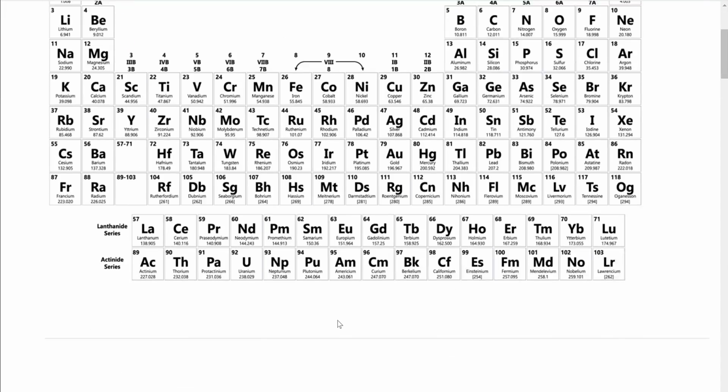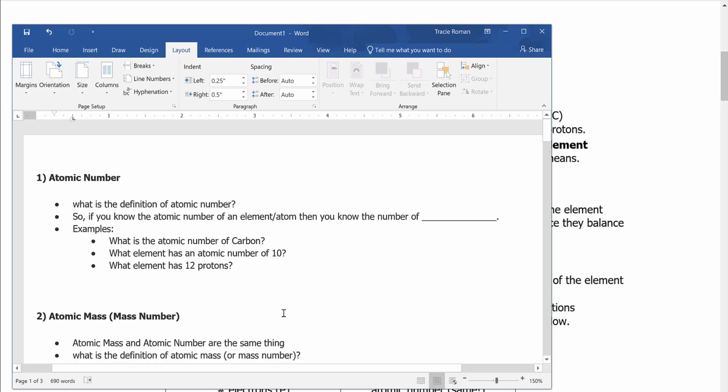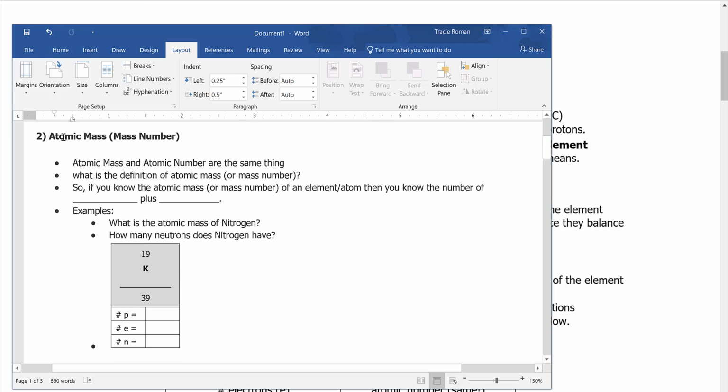And if we scroll down on the Elemental Math homework, here is a summary of how to find the atomic number. It's up here at the top. All right. Atomic mass or mass number, they are used interchangeably, they mean the same thing.